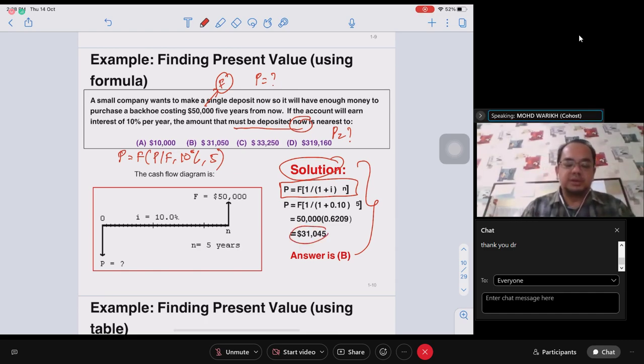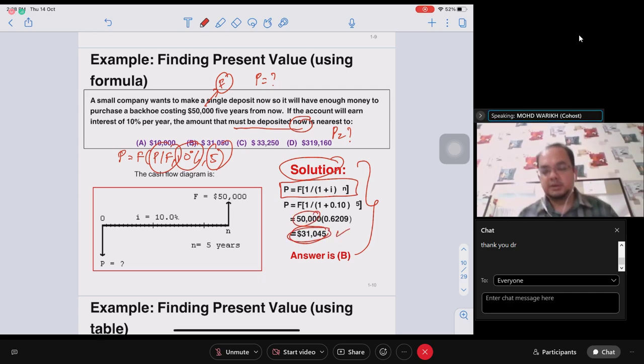Or you use the table. Then refer to the 10%, P over F column and N is 5. So you get the number, multiplied by 50,000 ringgit, you will get this answer.